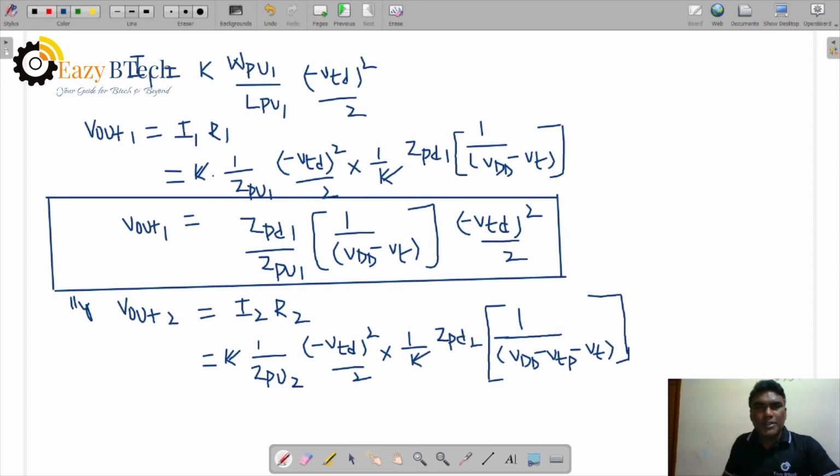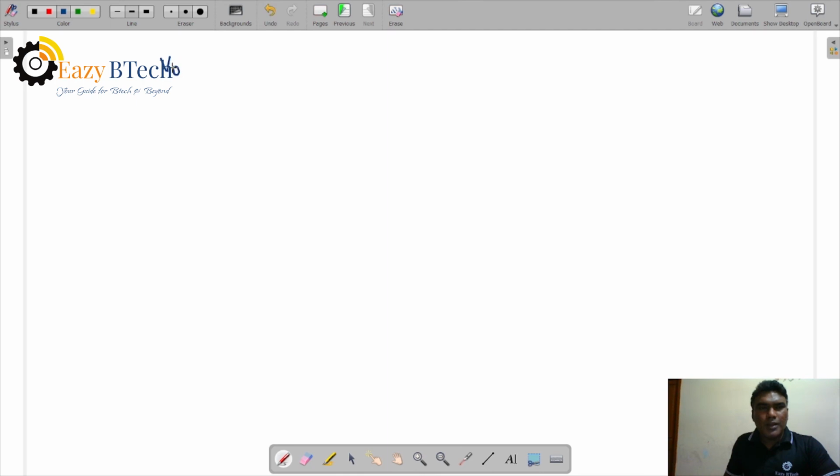So equating V out 1 equal to V out 2, we can find out the ratio Z pull up 2 by Z pull down 2. So what is the V out 1?